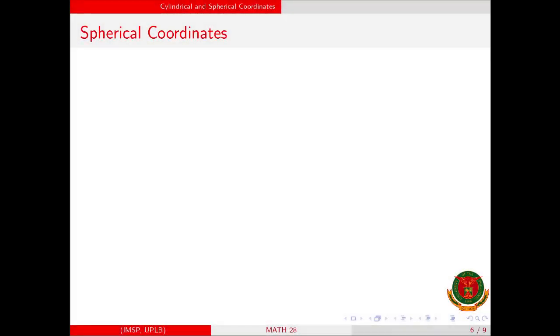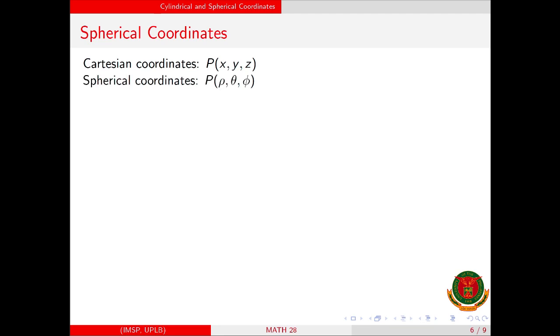Now let's talk about spherical coordinates. Suppose we have a point P with coordinates x, y, and z. These can also be represented in terms of spherical coordinates, and that is given by rho, theta, and phi.